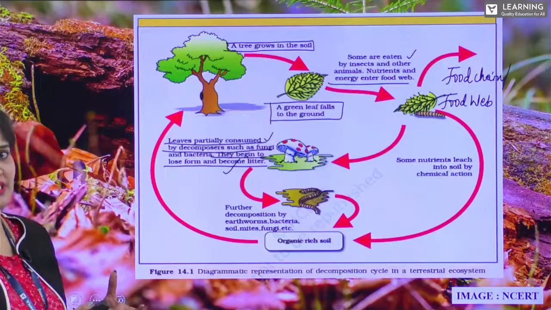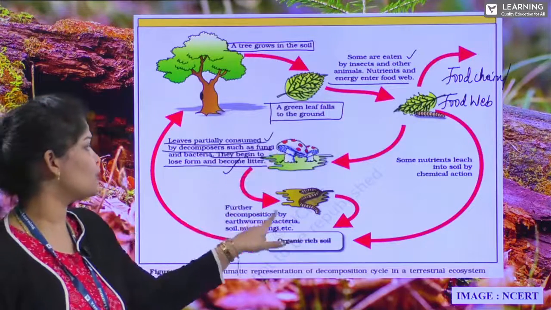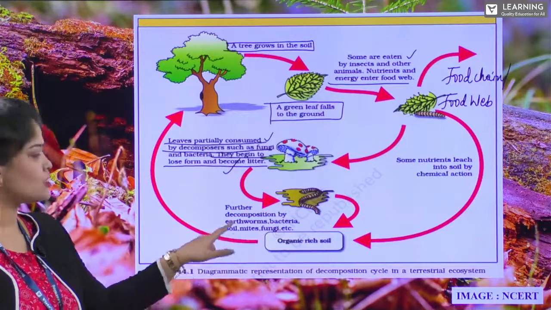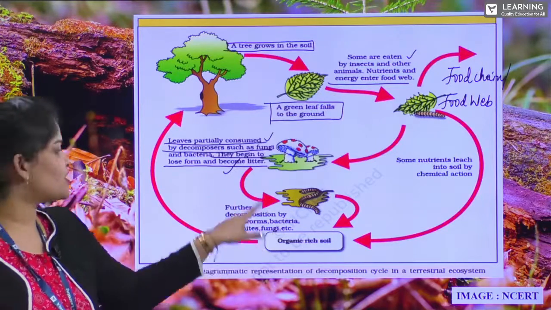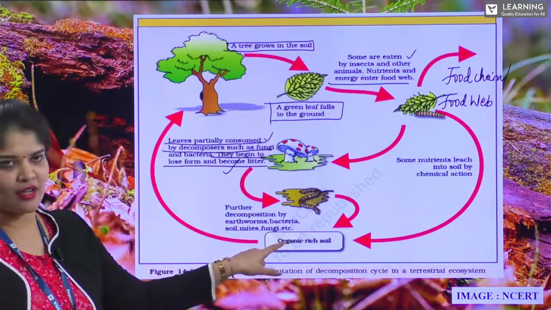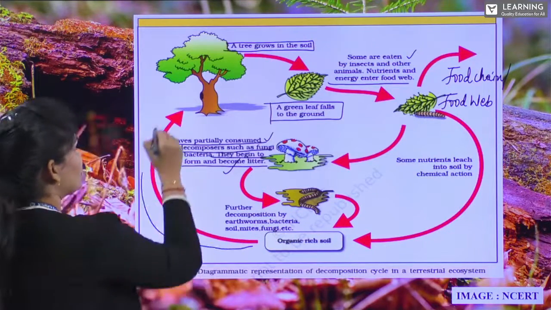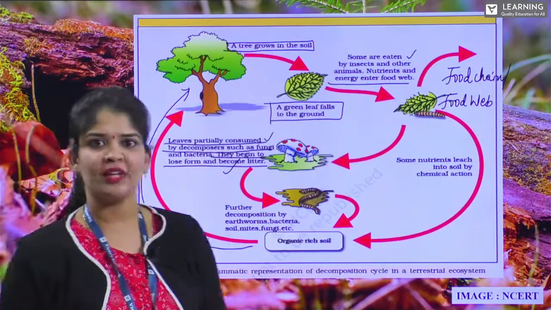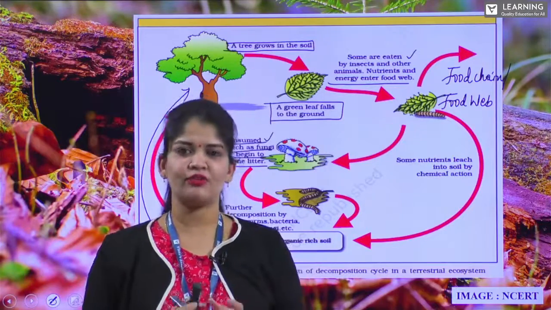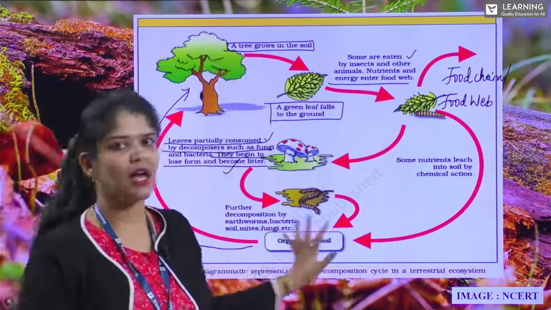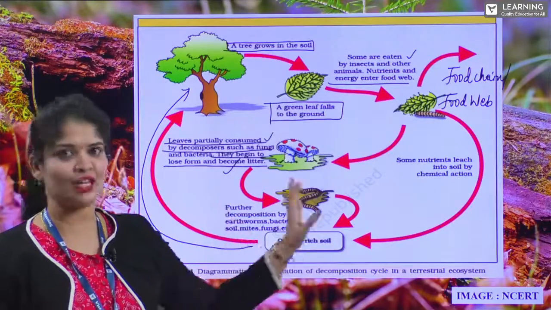That means humus, which again is useful for further decomposition by the earthworms, bacteria, soil mites, and fungi, which adds to the organic rich soil. Now, this organic rich soil is ready to act as a perfect substrate for the growth of the plants. This is how the decomposition picture appears in the terrestrial ecosystem.